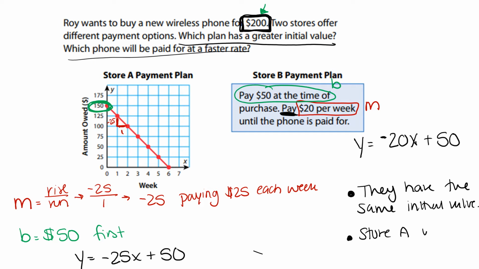Store A will be paid for faster because 25 is more than 20. 25 is a faster rate than $20 per week. So store A will be paid for at a faster rate.